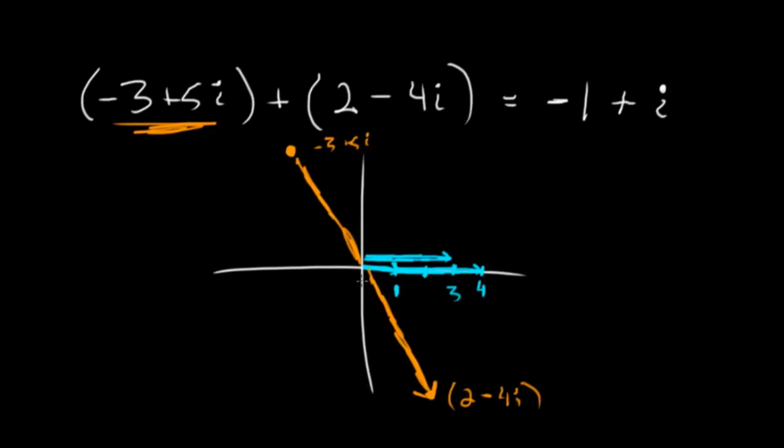And ultimately, it's going to become -1 plus i. We have i there. We have -1 there. So what does it mean to add two things? You're kind of lining them up as you do with normal numbers, right, on the number line. It's really important that we understand what i is and what all these complex numbers are in terms of the complex plane. All right, let's look at some more.